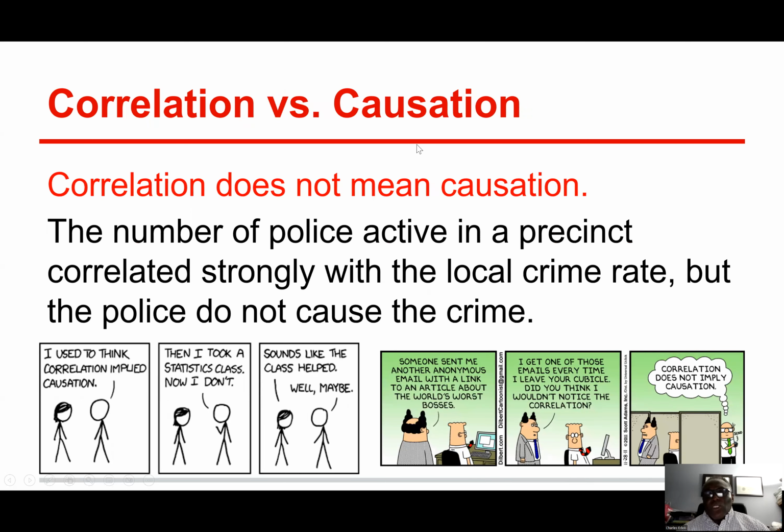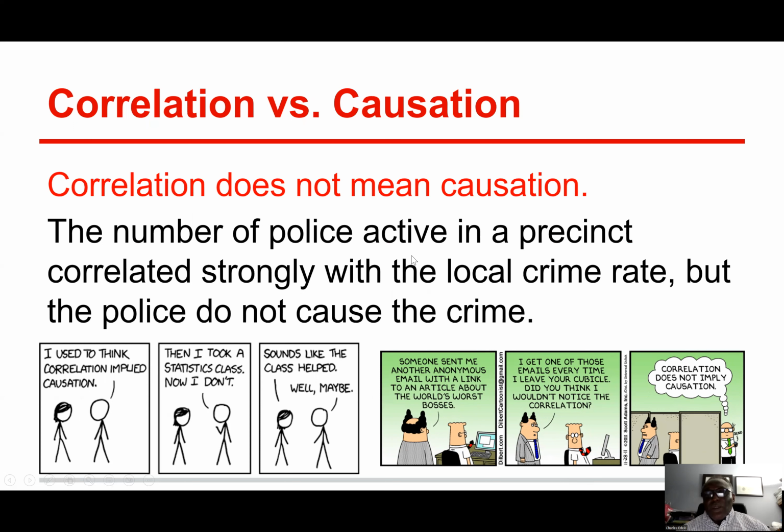Now, correlation versus causation is very straightforward. If we find out that there's a relationship between x and y, does that mean that x will cause y or y will cause x? The answer will be no. The reason why, because again, we may have a few things when we are doing data analysis, for example, confounding variables or modification effects.